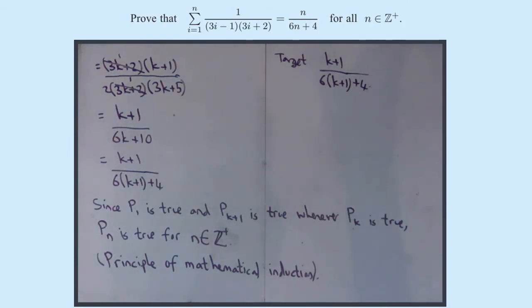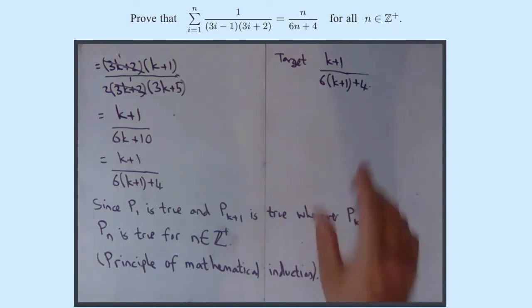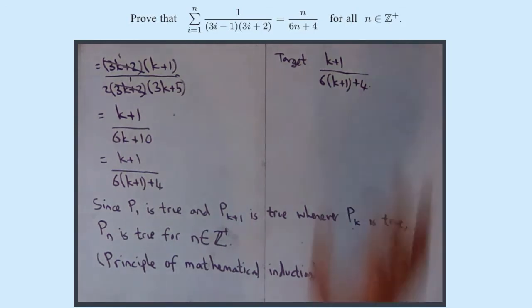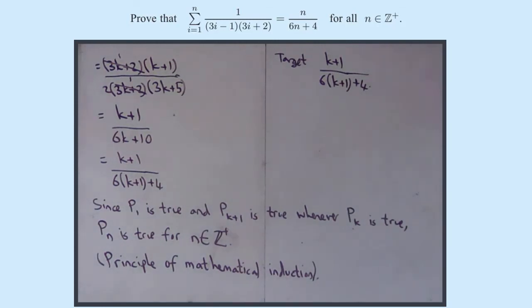Then if you're looking to reduce the number of factors, you know you're going to look to cancel some kind of linear factors off. So you build towards that. Always make sure you know exactly what you're aiming at, and do not forget to write the proof properly at the start, saying what you want to prove, how you're going to prove it, doing the base case, then assuming the case is true, and so on. And make sure you finish the proof properly. It's generally worth 6 marks, the whole thing.